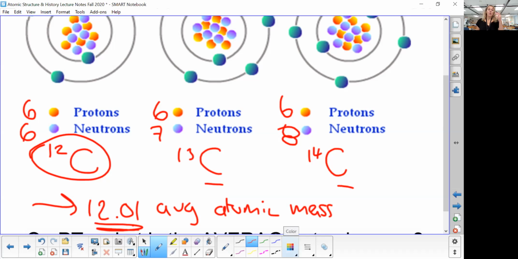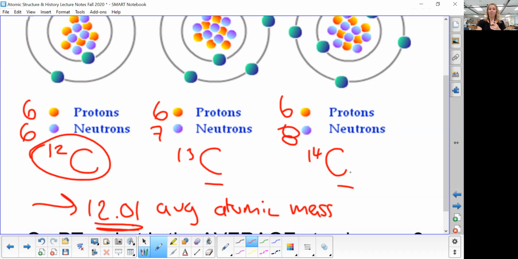If you have a hunk of carbon, like the pencil lead you might be writing with right now, which is actually carbon graphite, most of that is carbon 12, okay? And so the average atomic mass tells us what isotope is most common or most abundant because it's taking an average of those samples.